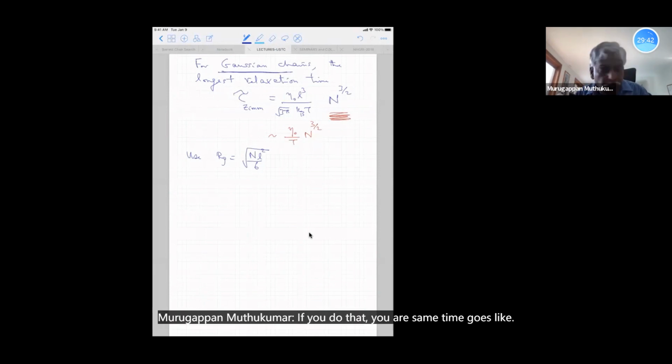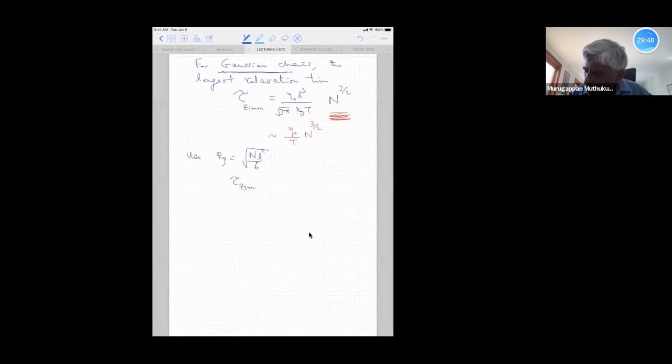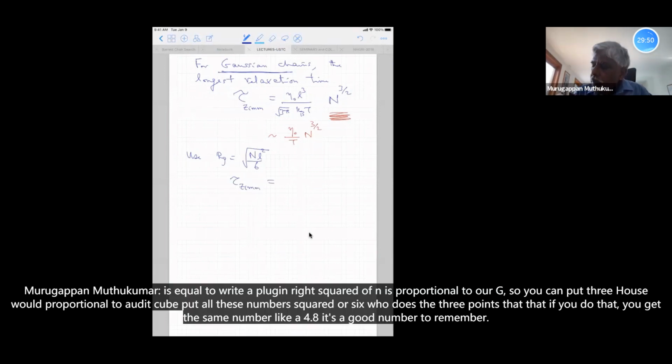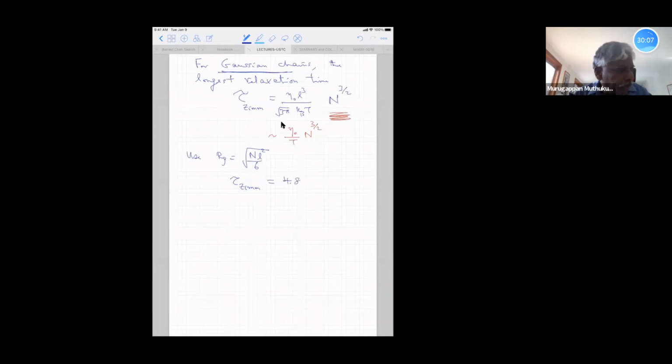If you do that, your Zimm time goes like tau Zimm is equal to, you plug in, square root of N is proportional to Rg. So N power 3 halves is proportional to Rg cubed. Put all these numbers, square root of 6, root of 3 pi, etc. If you do that, you get some number like 4.8. It's a good number to remember.